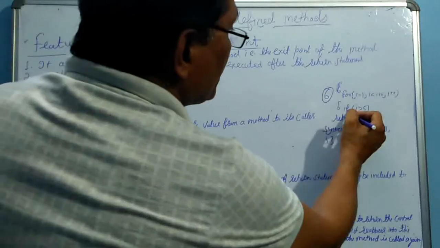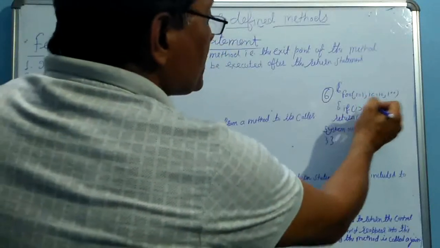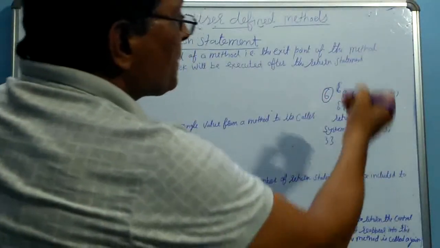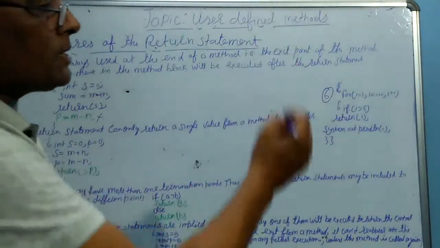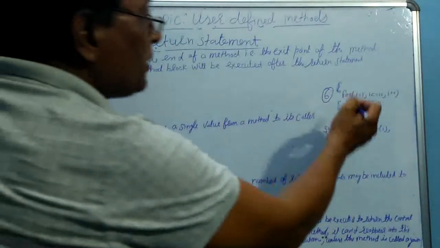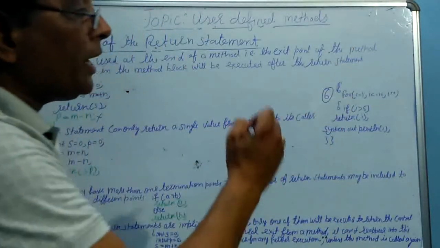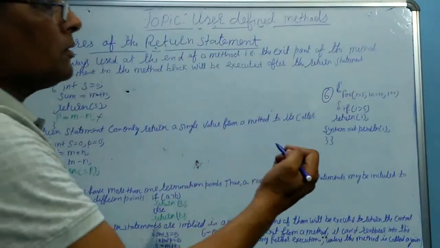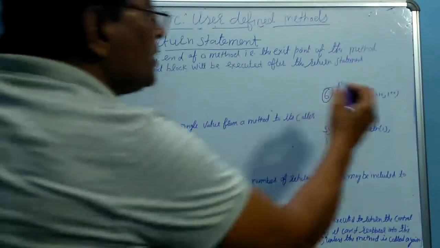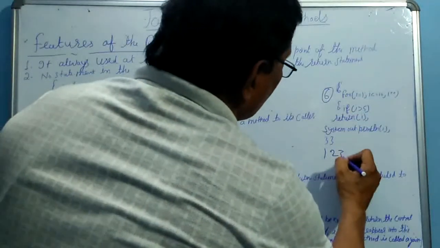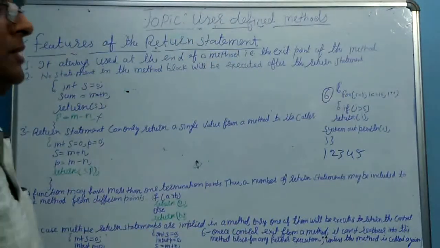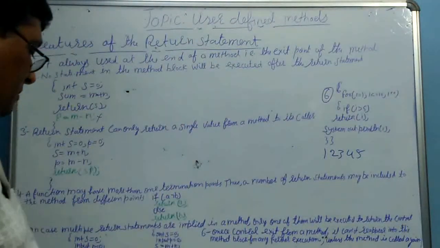But here the condition is given: if i is greater than 5, then return i. This program is for natural numbers, which would print 1 to 10, but we have given the condition that if i is greater than 5, it will return. So it will print only 1, 2, 3, 4, 5, and the remaining digits will be ignored.